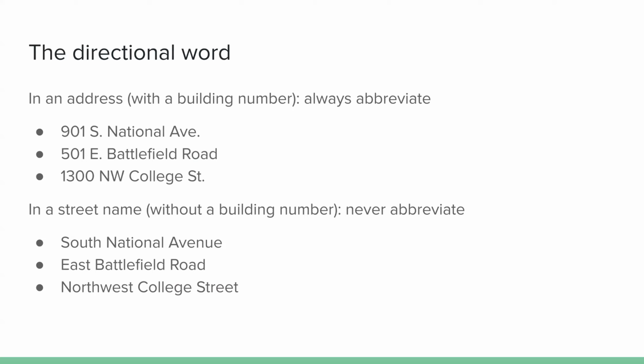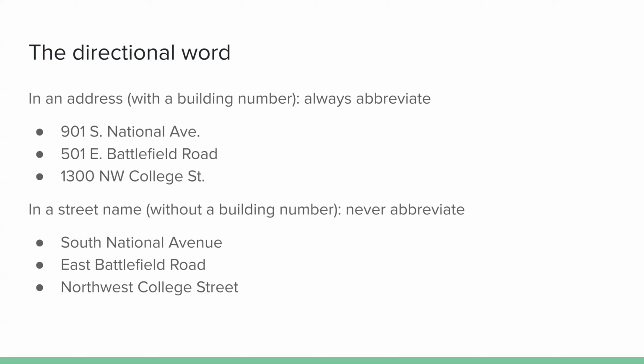The only difference is northwest, which is what we would call a bidirectional word. It's two directions, north and west. AP basically says, don't use periods in those unless it's customary local usage where you live to use the periods. I wouldn't get too hung up on that idea. But if there's a building number there, abbreviate the directional word.